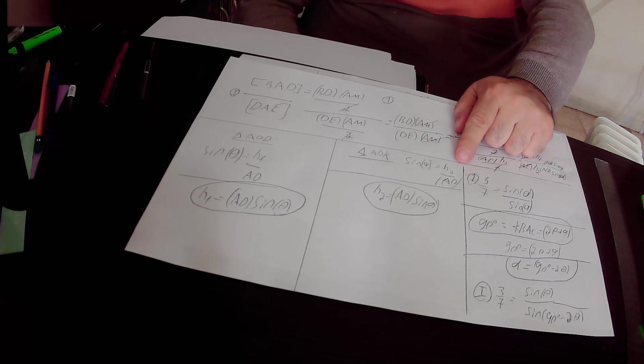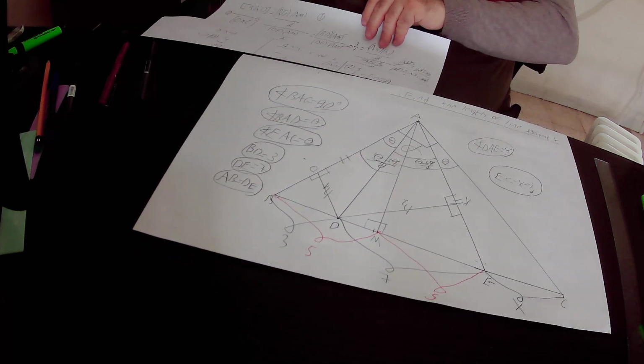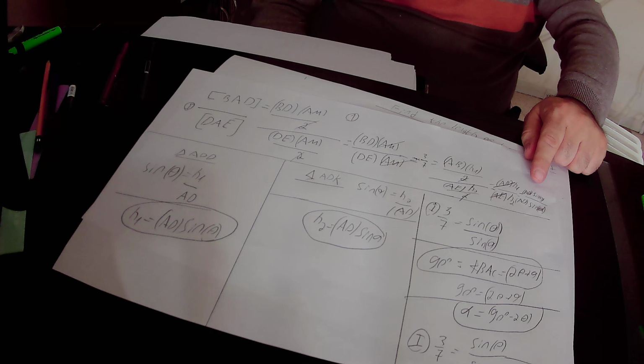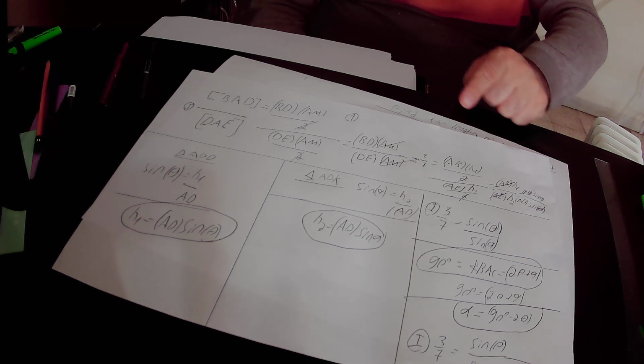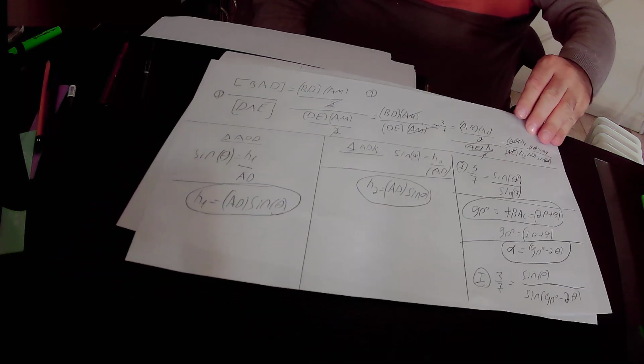We multiply this equation by AD, and we find that h2 equals AD times sine alpha. So in conclusion, we found that 3 over 7 equals sine theta over sine alpha.